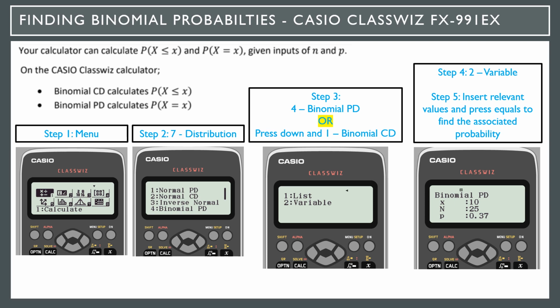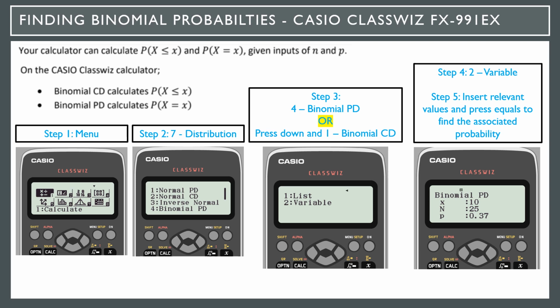As mentioned, you will be provided with tables during your exam to find cumulative probabilities for the binomial distribution, i.e. the probability that your random variable takes up to and including a given value of x. Your calculator can also be used to find binomial probabilities, and you will find that given the tables, not all values for p will be listed. You will just have certain ones in there.